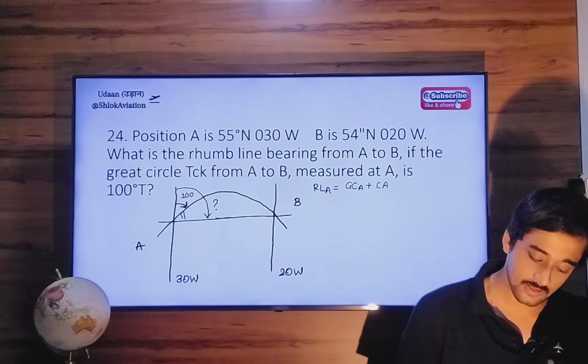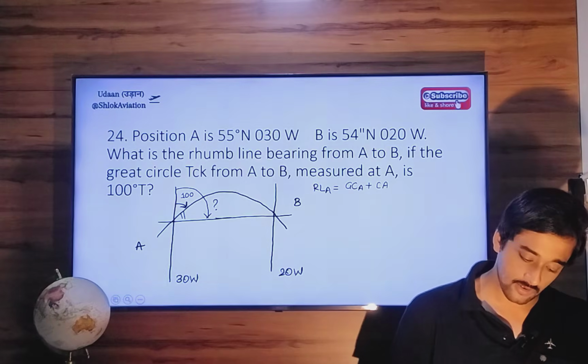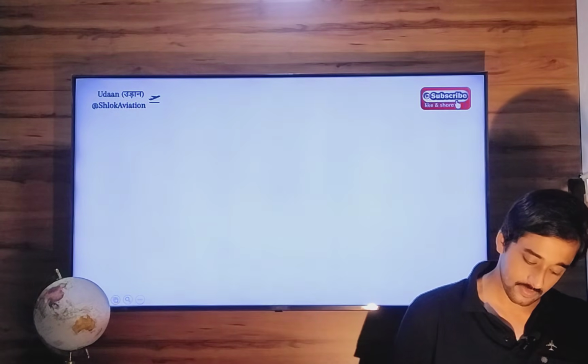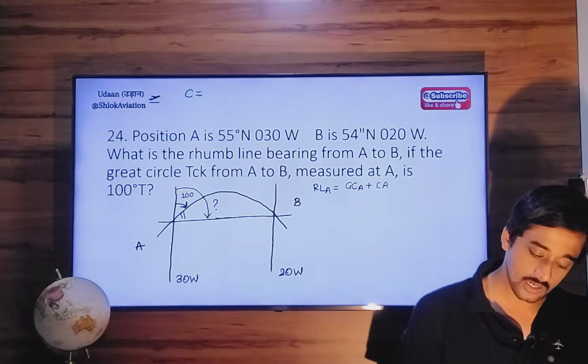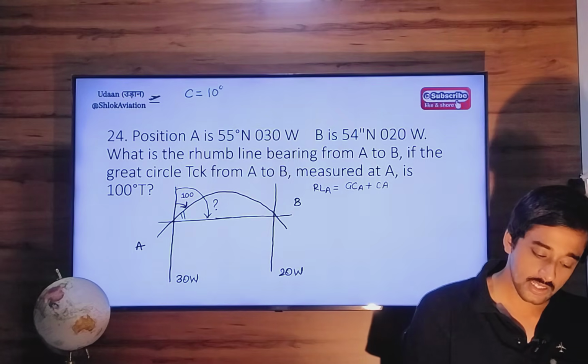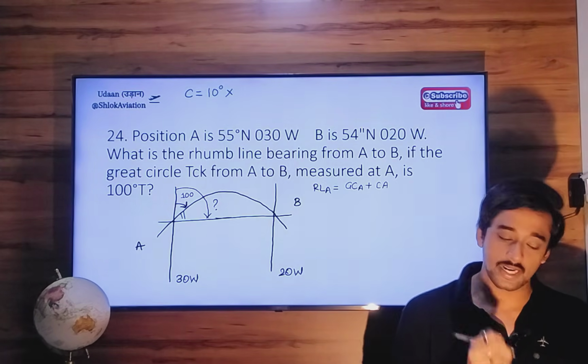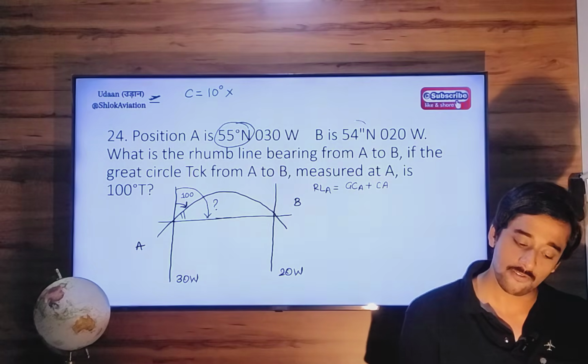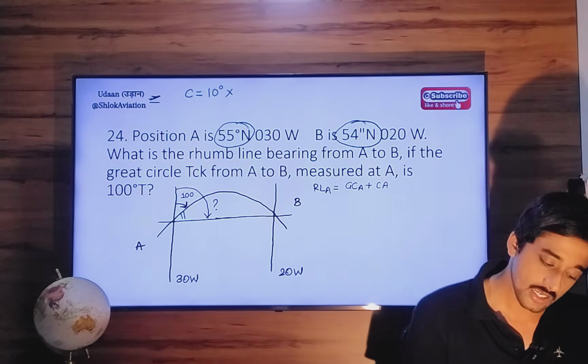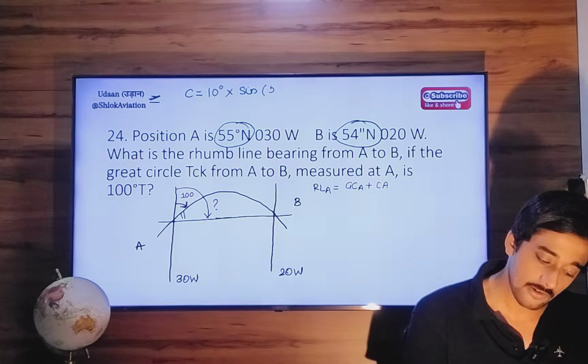Convergency angle. So what is convergency here? D long 10 degrees, sine of latitude. We have two different latitudes, 55 north and 54 north. So the mean is sine of 54.5.